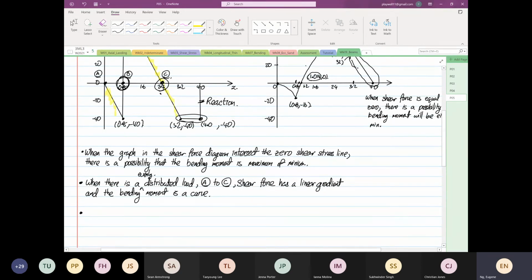When there is a point load only, from point C to D, the shear force is a constant.